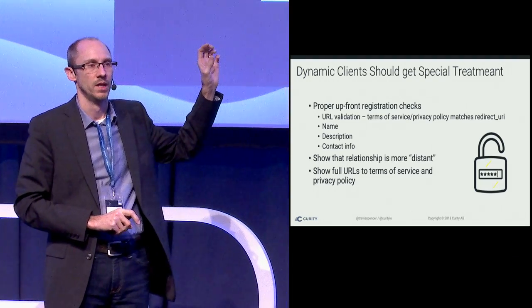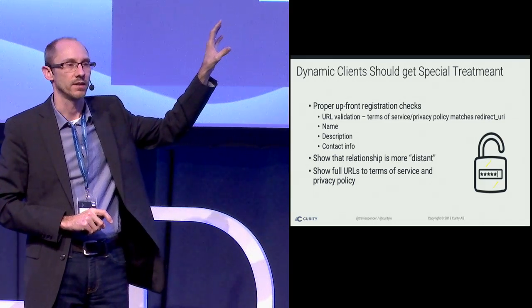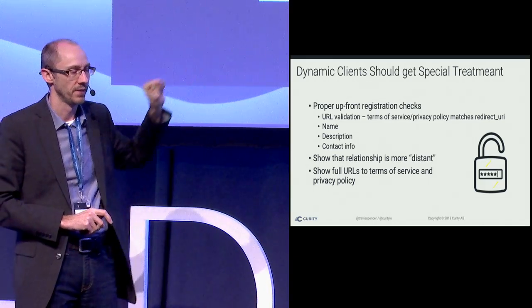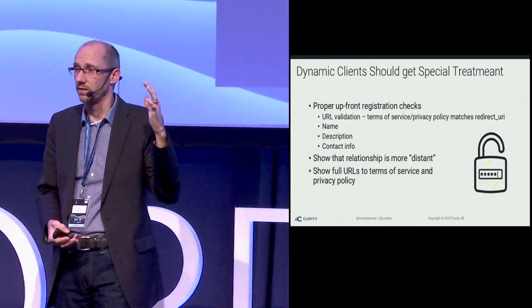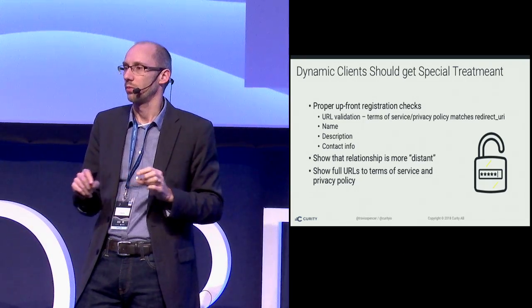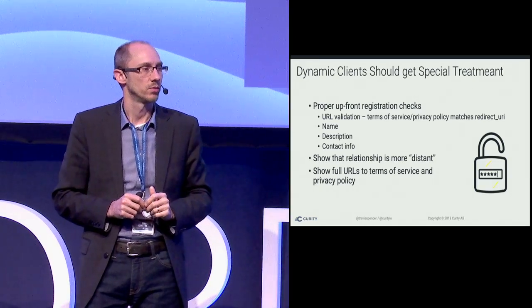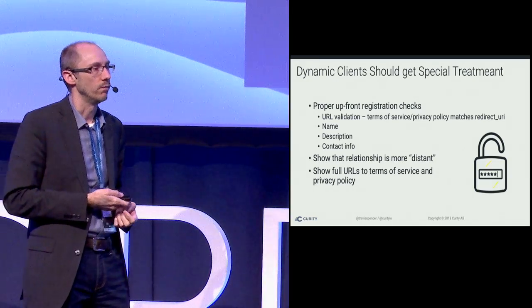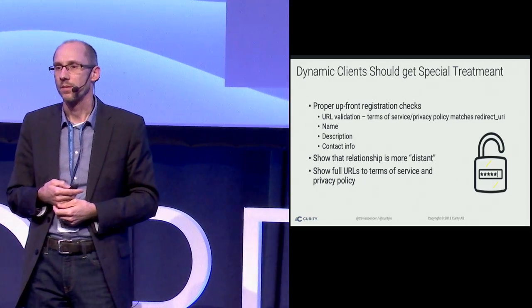So maybe instead of a green icon, maybe a yellow icon, like check this a little more carefully. You also want to make sure to display in that consent screen maybe the full URLs, so that it's not just a privacy policy as text, but when you click that, this is where you're going, so the user can make a more informed decision about allowing access for this dynamic client.